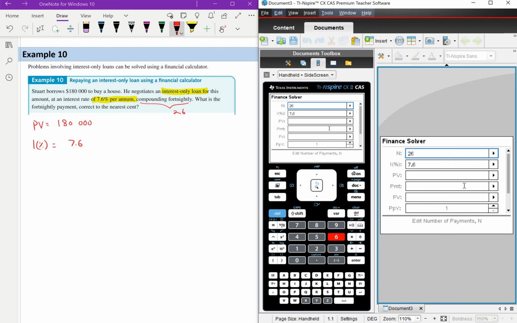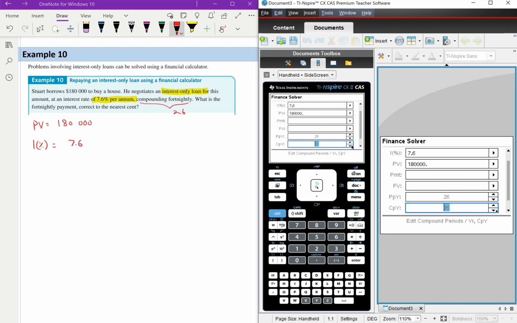Every year is compounding once, so one payment of 180,000. We don't know the fortnightly payment, which is what we're trying to find, and keep in mind that payments per year is 26 because that's how many times you pay in a year. Oh, whoops.